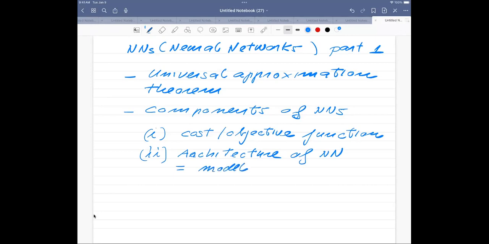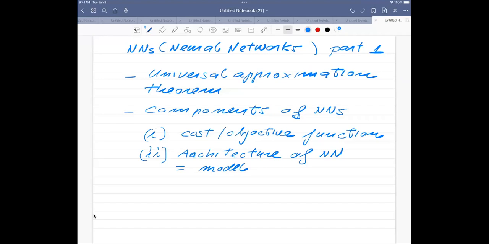You still have the data, you still have the inputs and the outputs, but now, instead of making a polynomial fit, you're going to set up a neural network, and the architecture of that one defines your model.